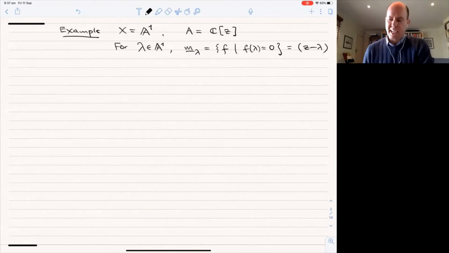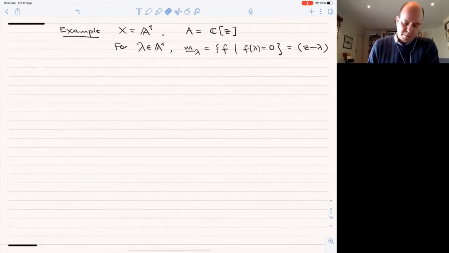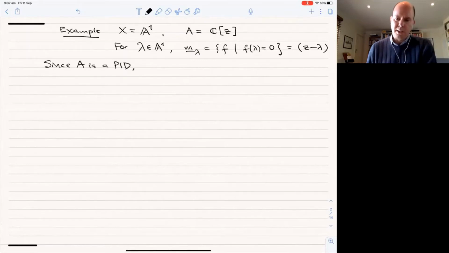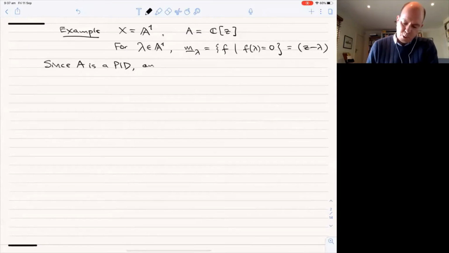But the disappointing thing about this example is that, of course, this is a principal ideal domain. So every ideal is generated by a single polynomial. And what's more, I'm working over an algebraically closed field.